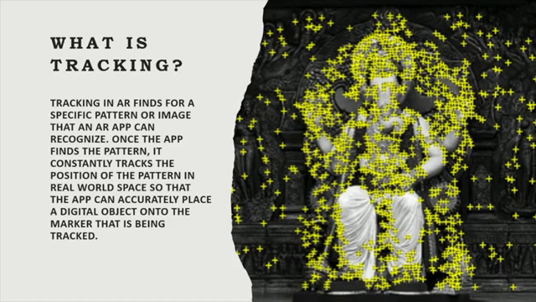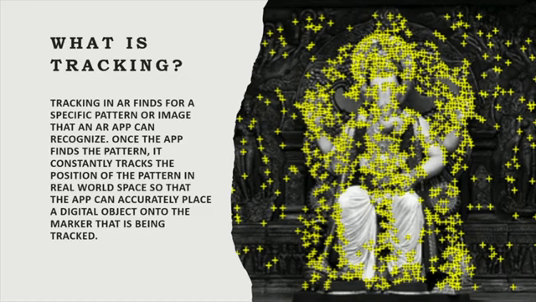How does it help? See, you can see the feature points here, and these feature points help the app to track the marker, to keep the marker in track, and also move the particular digital object along with the marker. If I move the marker 10 units to the left, the same thing will happen with the object also, because the marker has moved.